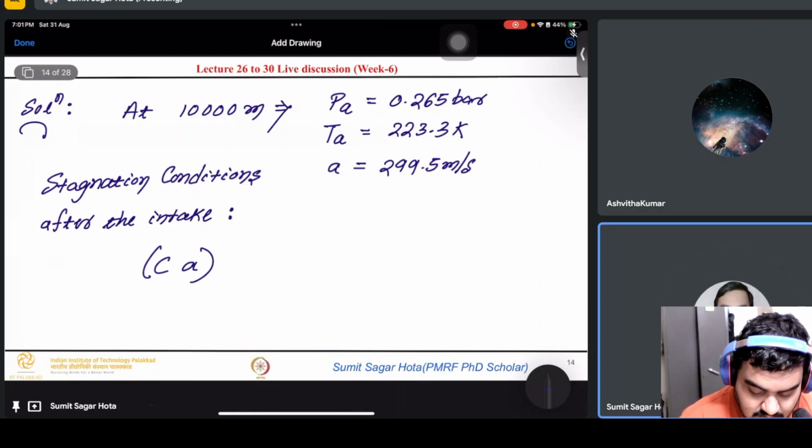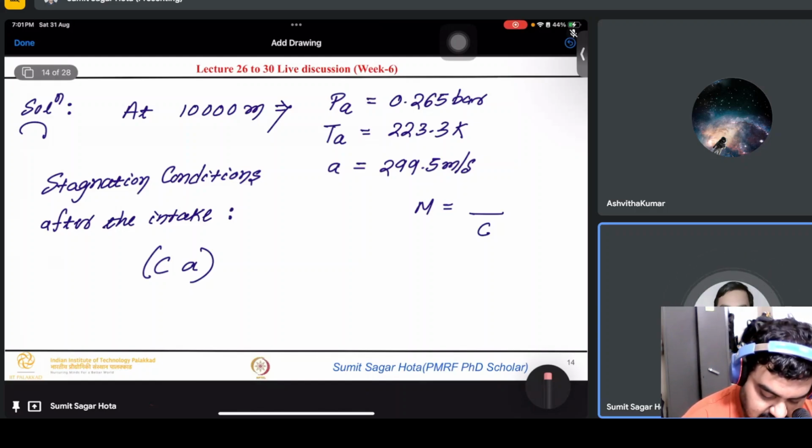So what is a Mach number? Mach number is equal to your actual velocity divided by sonic velocity. Now in this question, I'll write it like this, because CA may confuse you with ambient also, so I'll remove the CA term completely so that it will be easy to understand.